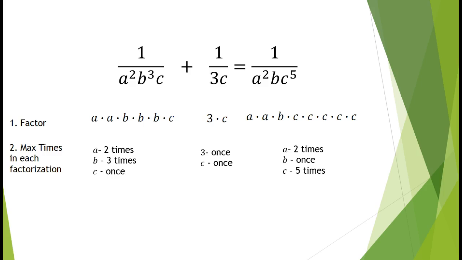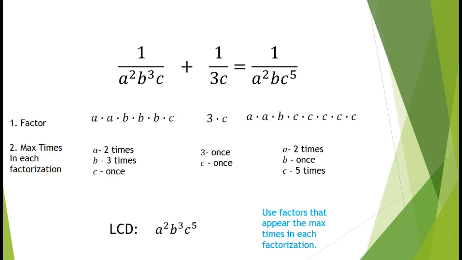So already, I know that my LCD is going to include C to the 5th power, because that's the maximum number of times it was used in one of my factorizations. So let's see what that looks like. Now, A was used a max of 2 times.